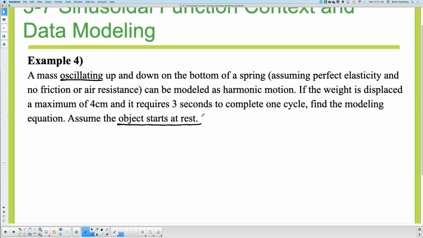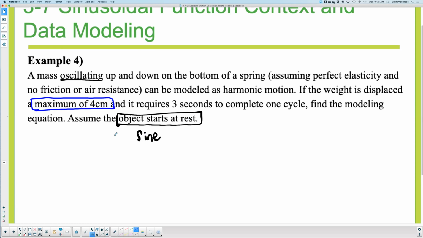Okay, what is it telling us this time if we're assuming it starts at rest? This is a sine function, because it's starting at its rest point. Now the maximum, what will that tell us? That would tell us the amplitude. Here is a question.